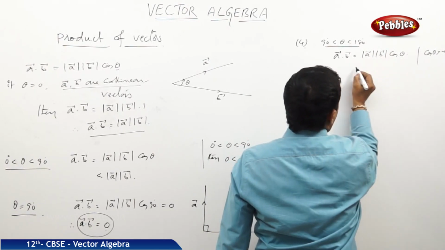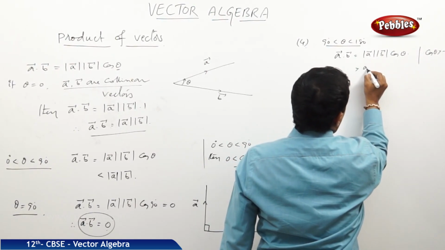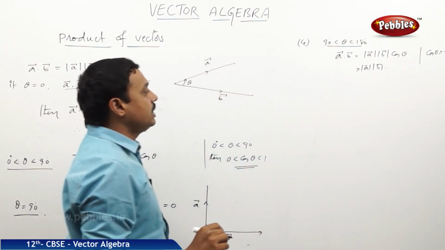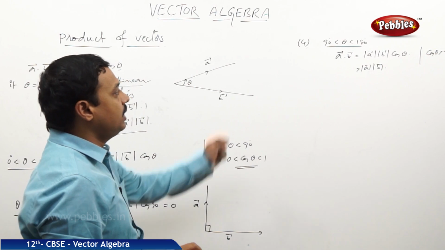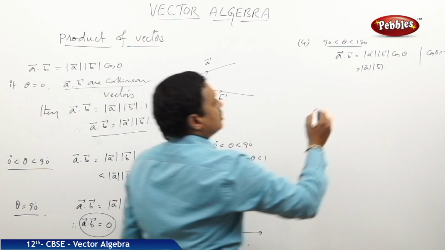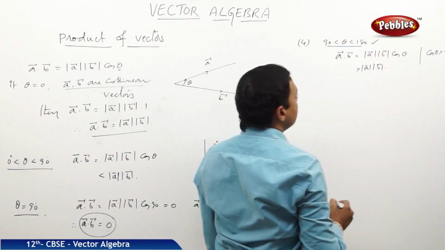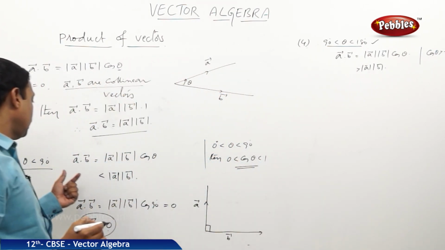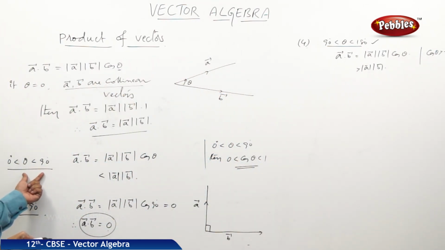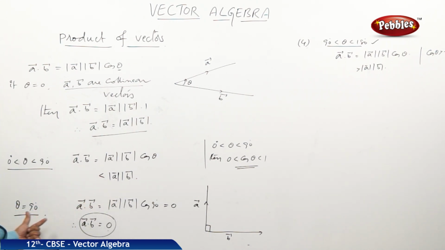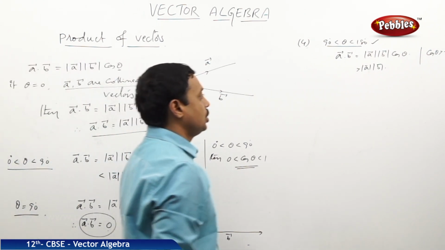Therefore, A dot B is greater than minus mod A mod B when theta is lying between 90 to 180. In other words, if theta is obtuse, A dot B is greater than minus mod A mod B. If theta is less than 90, acute, then A dot B is less than mod A mod B. When theta is equal to 90 degrees, A dot B is equal to 0.